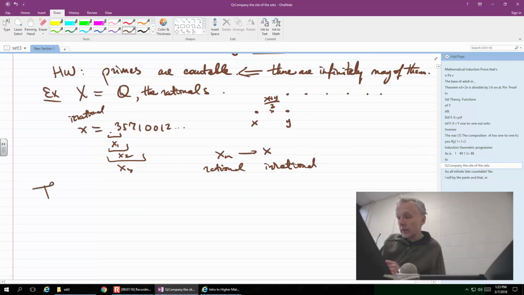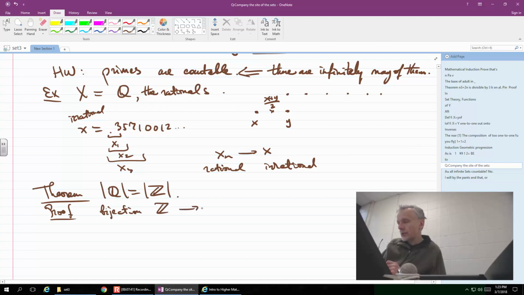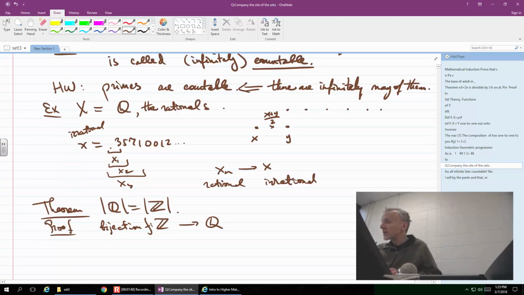So the theorem: the cardinality is the same. And so the answer is how? The answer is always the same. We need a bijection from Z to Q. So don't expect anything as simple as this.